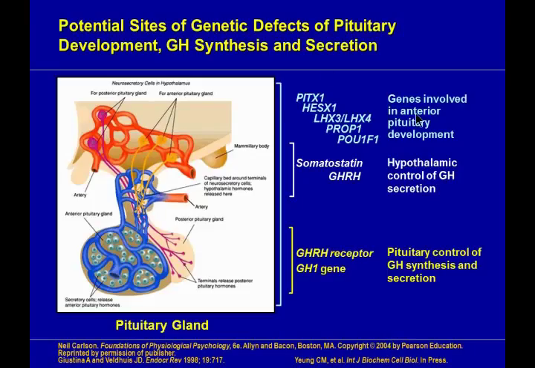Notice all the genes that have been involved in anterior pituitary development, where you can lose the entire pituitary, including growth hormone. You can have abnormalities in hypothalamic control. You can have growth hormone releasing hormone receptor absence, or the growth hormone gene itself can be absent, etc. So there are many sites at which you can have growth hormone deficiency.